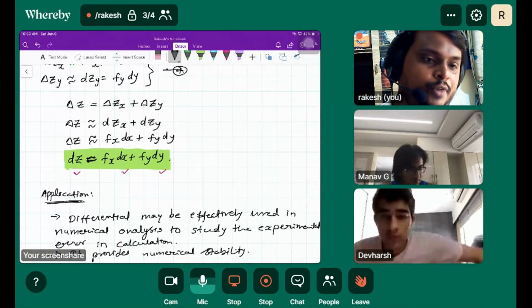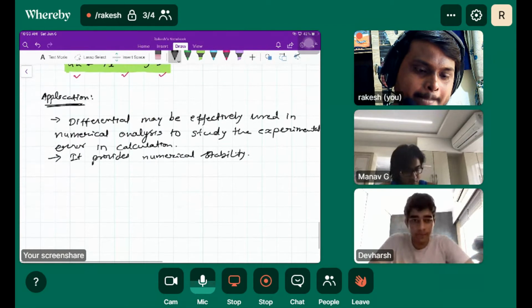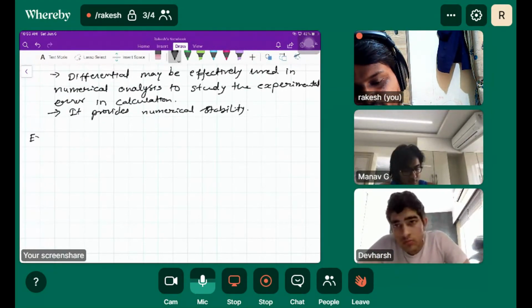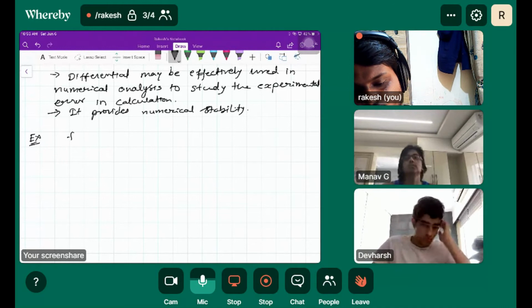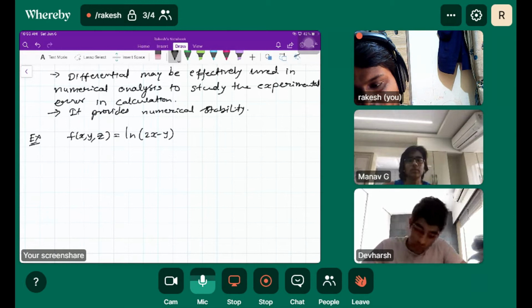So we'll solve one problem on this. We have a few minutes left. Suppose the function is f of x, y, z equal to ln(2x minus y) plus e raised to 2xz.